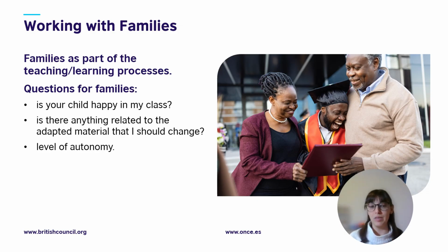The first one would be if the child is happy in our class. It's a very simple question, but it will give you a lot of information, and it's the most important thing to create a good atmosphere for everybody. So I always think that this question is important.